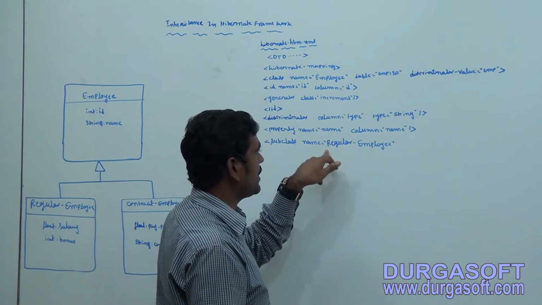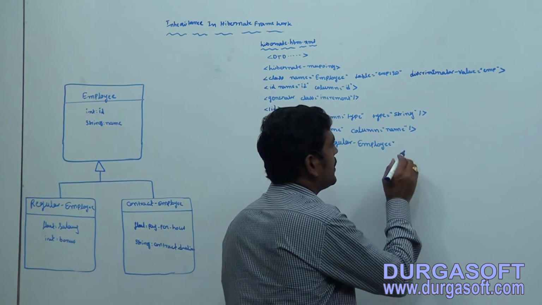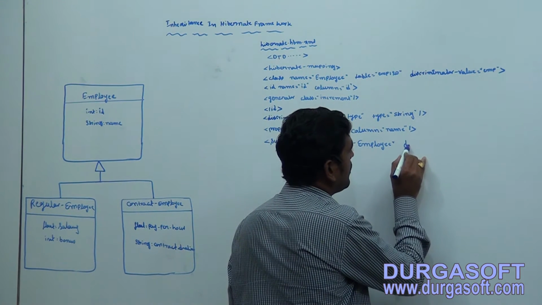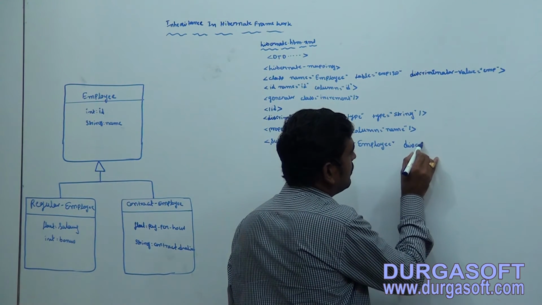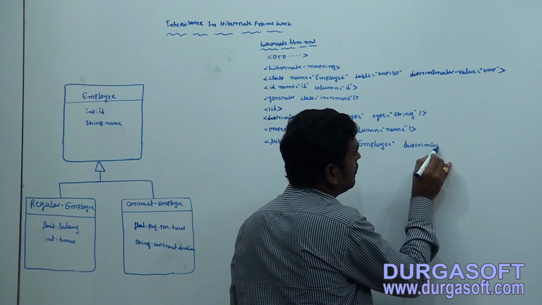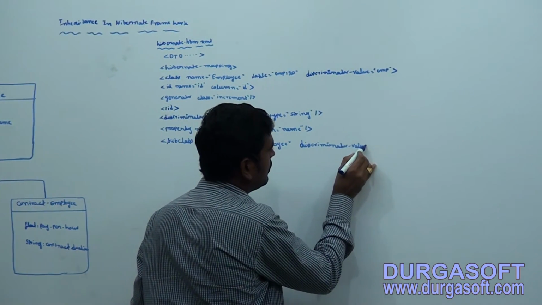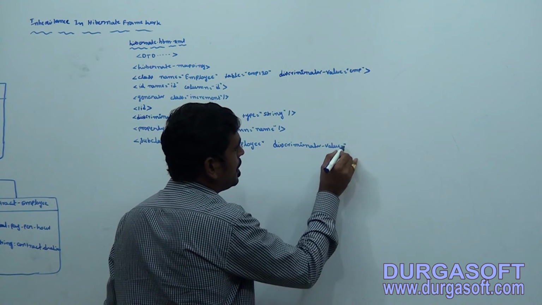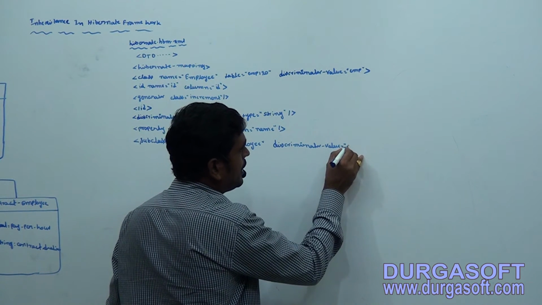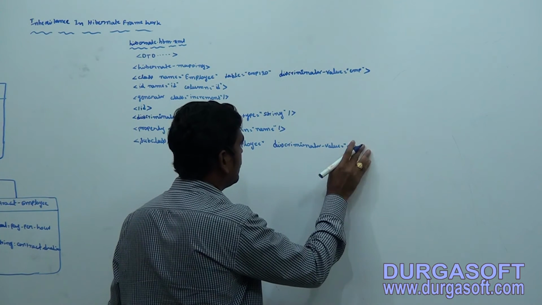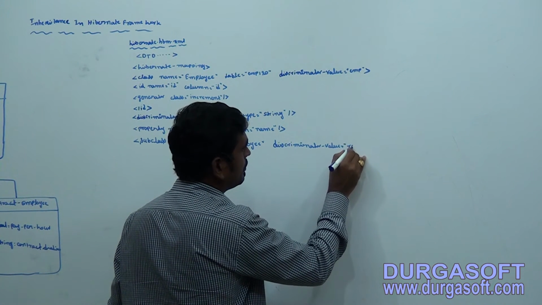Subclass name is equal to regular employee. Then along with this we can take discriminator-value is equal to regular employee.